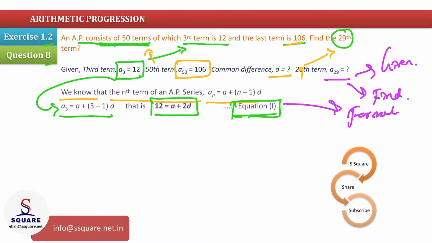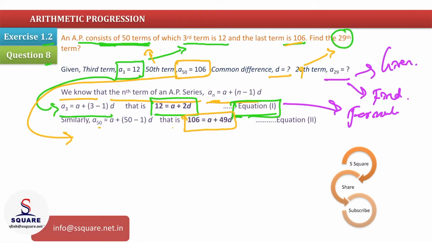That I am considering as equation 1. For equation 2, I take A50, where an is equal to a plus n minus 1 into d. So A50 is equal to a plus 50 minus 1 into d, that becomes 106 is equal to a plus 49d. That I consider as equation 2.